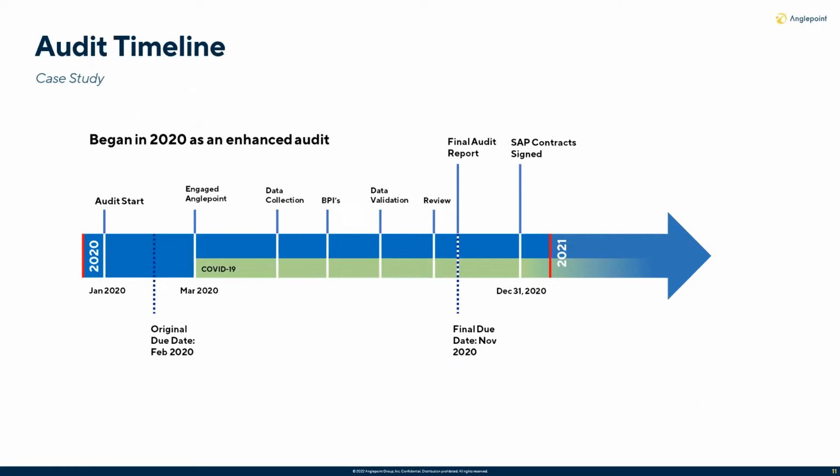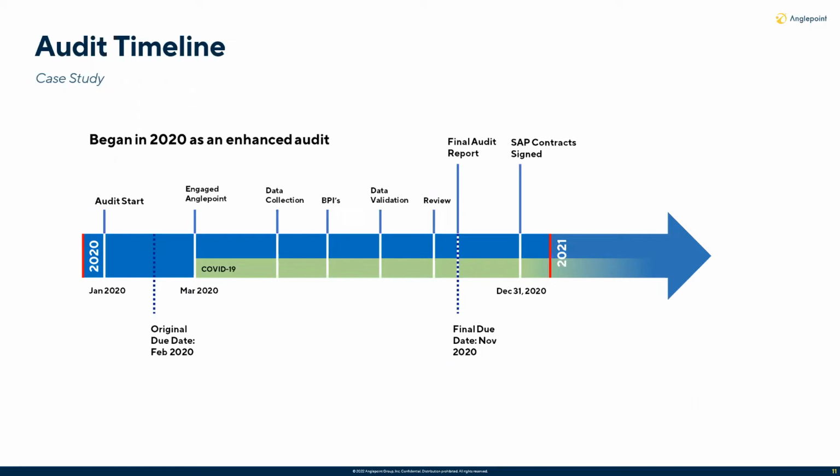After that final report was finalized, then SAP and this organization negotiated and were able to finally settle on a contract and agree with SAP, hey, look, this is what we owe you, and move on from there. So as you can see, it took about a year. And I think that despite COVID, I think we did it as quickly as possible.